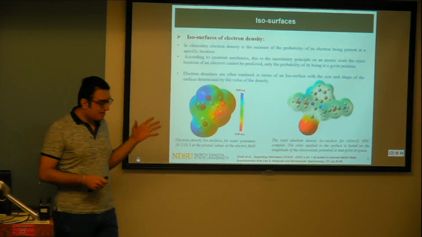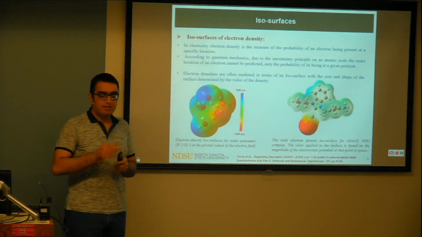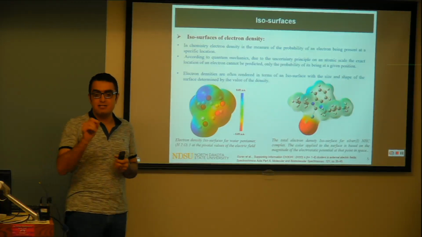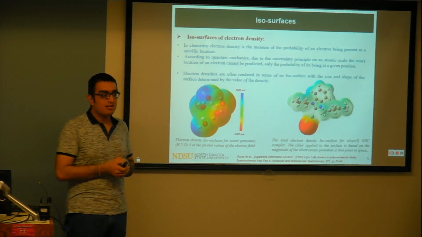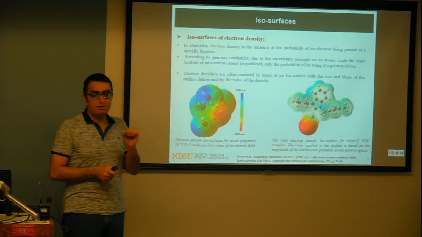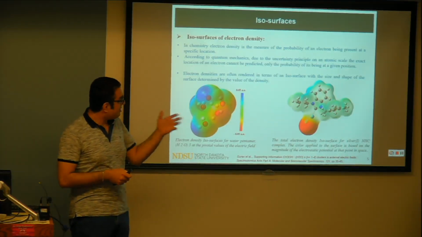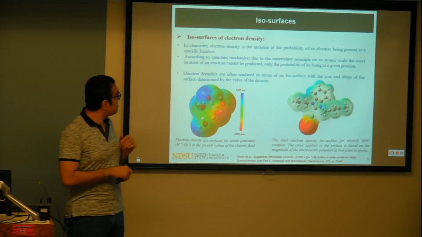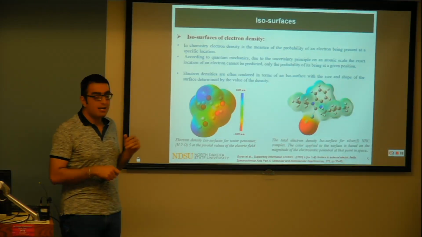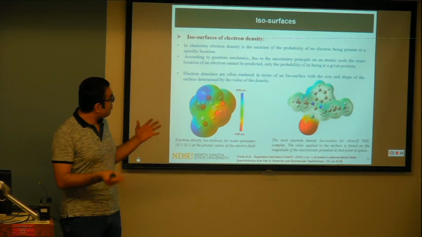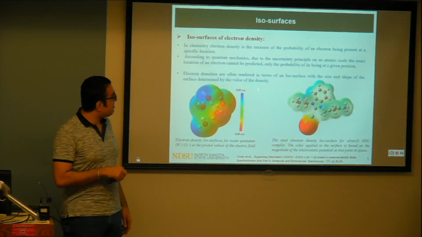For the isosurface of electron density, predicting the exact location of electrons in space is not that easy. Because of this, only the probability of the presence of the electron in space is available. Electron densities are often rendered in terms of isosurfaces, where the size and shape of the surface is a function of the density.